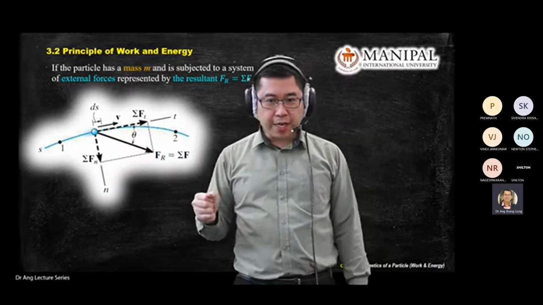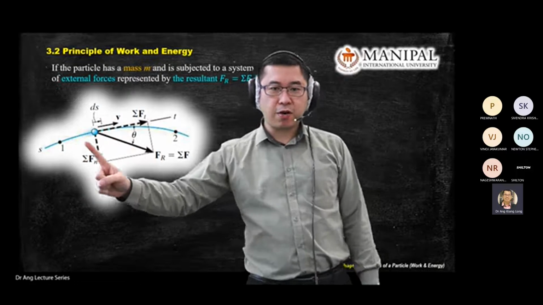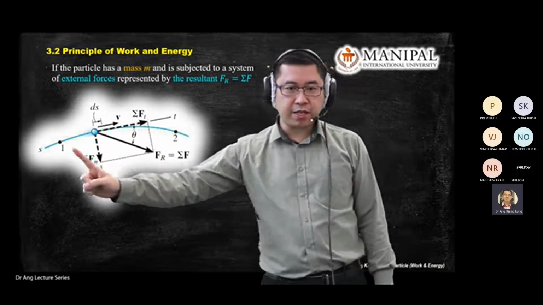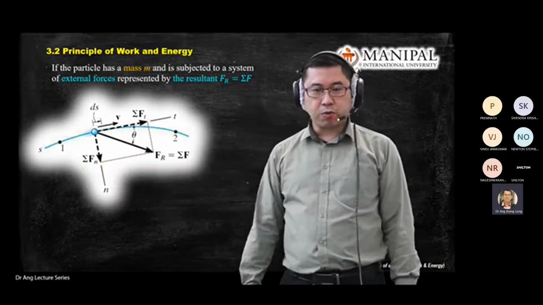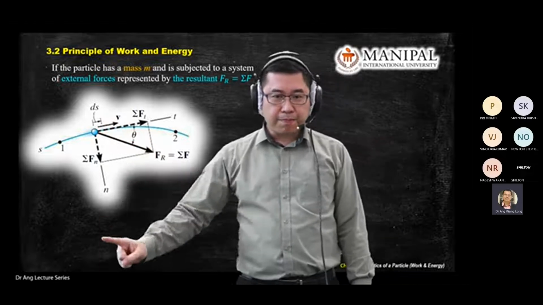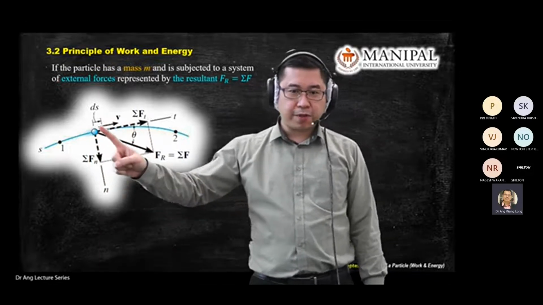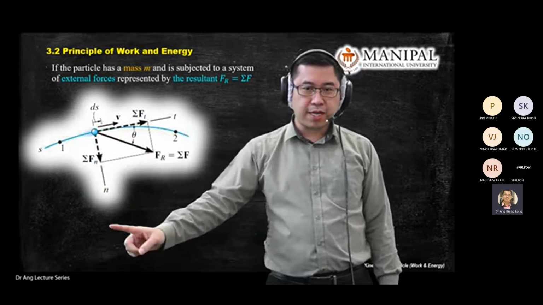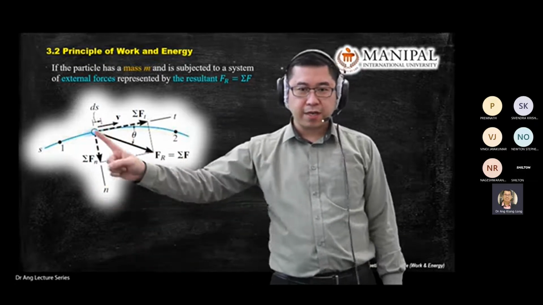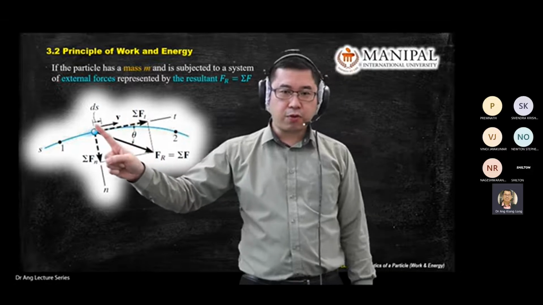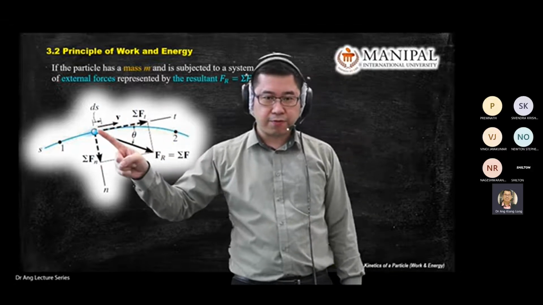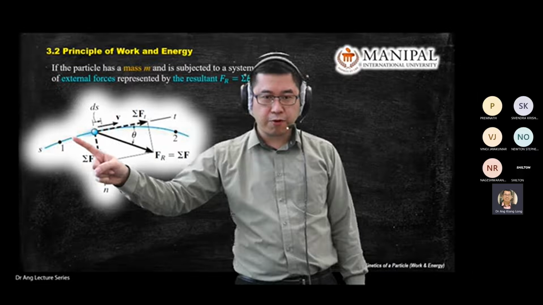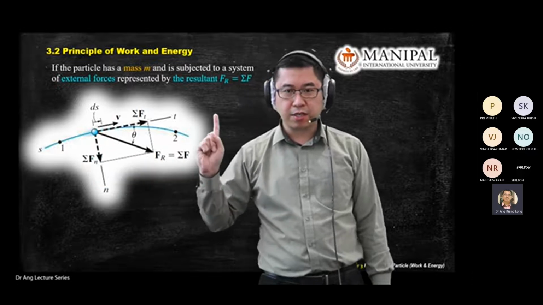So by automatic, next time you see a curvilinear motion, automatically build the axis for the particles. Normal always pointing to the center of the curve. Tangent always follows the direction of the particle. The particle moves from here to here, so tangent is this direction.